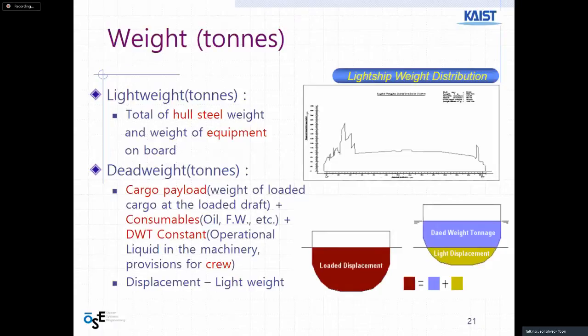Loading condition means some cargoes, some of the containers, loaded, unloaded, right? At Singapore port, at Busan port, at Los Angeles port, loading and unloading. So changing, right? And fuel is used, fuel is loaded, refueling, rewatering. Every day is changing, right? So the curve weight is changing every day. But you need to calculate typical curves for your design.